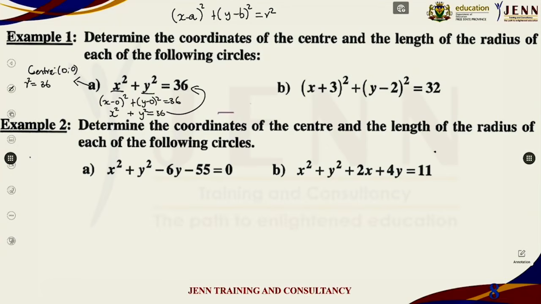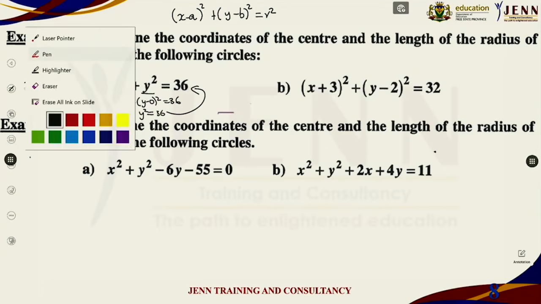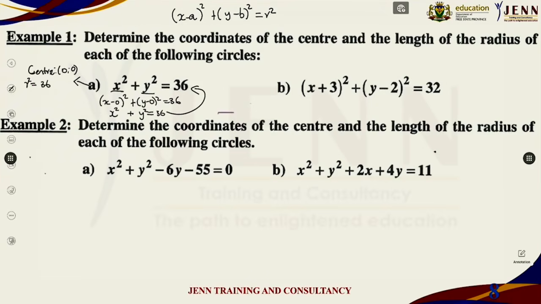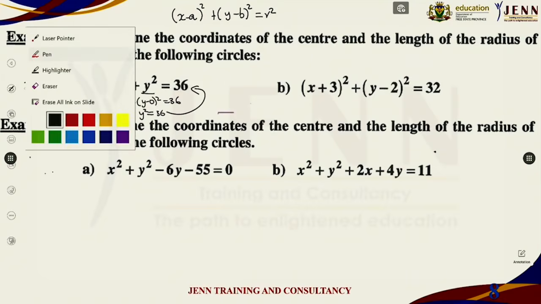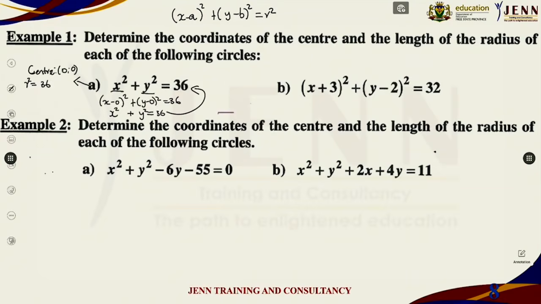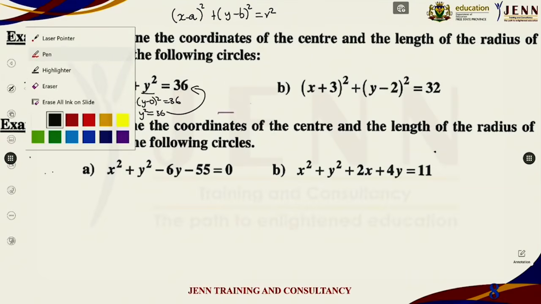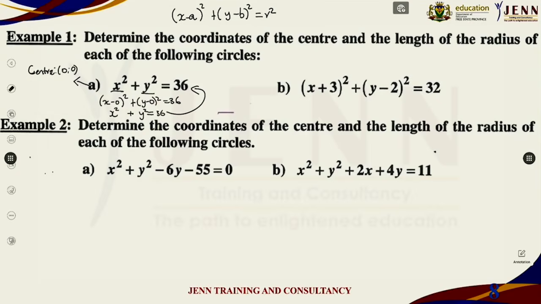So to get r from r squared, we are going to do what? Okay, our r squared equals 36.